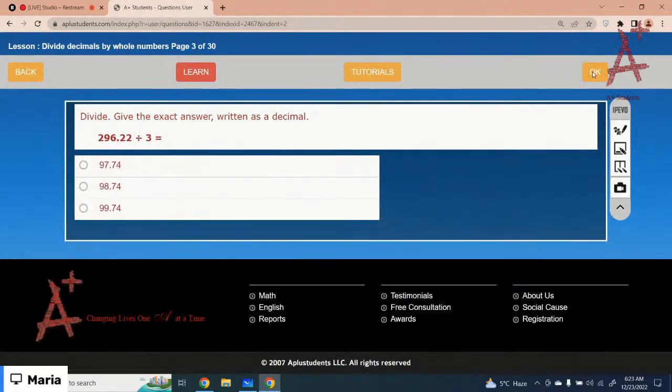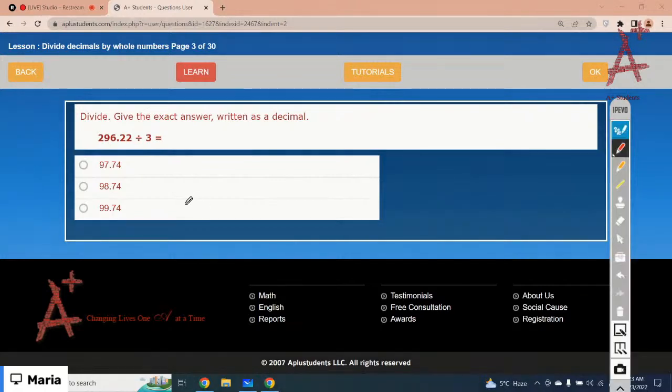Okay, the next one is 296.22. The dividend is a decimal and the divisor is a whole number. Just divide like we divide whole numbers. Got it? So you have to calculate the table of 3 until 29. So 3 times 9 is 27. 29 take away 27 is 2.